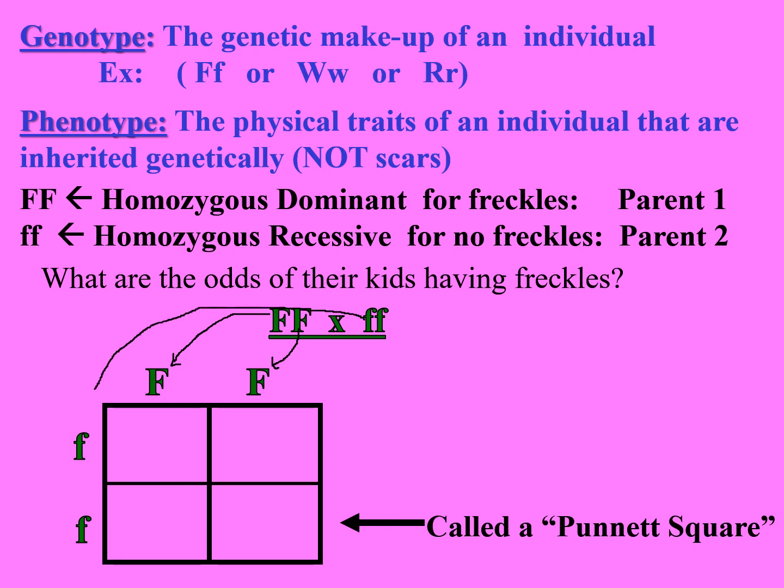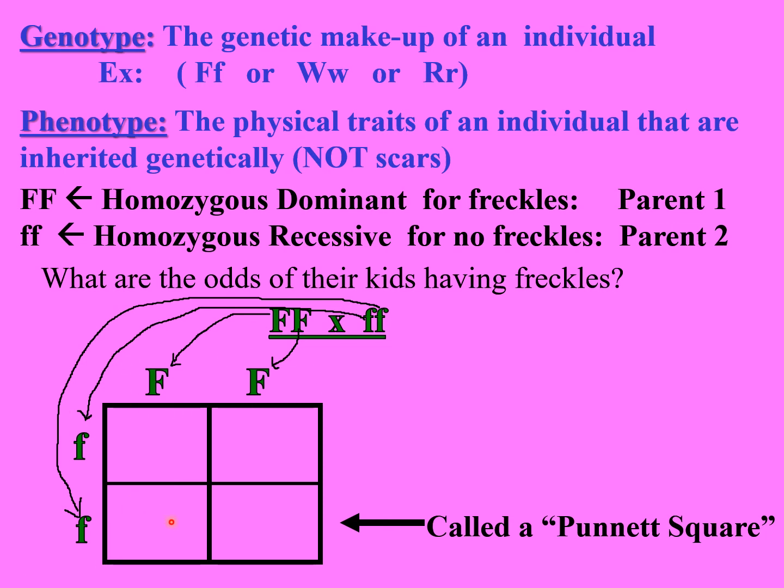Traditionally they would say the male parent goes on top, the female parent goes on the side. It really doesn't matter, guys. As long as you're separating out the parents and as long as you don't intermix the parents on either side. So one parent on the top, one parent on the side. Don't change that format and you'll be fine.